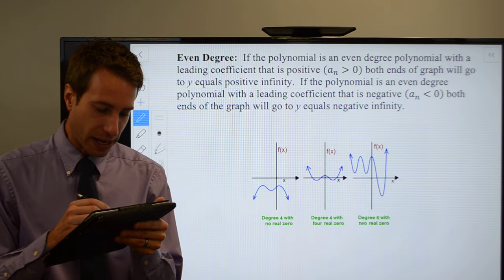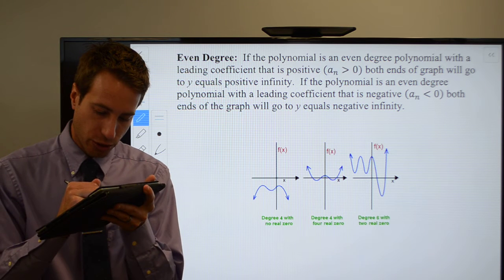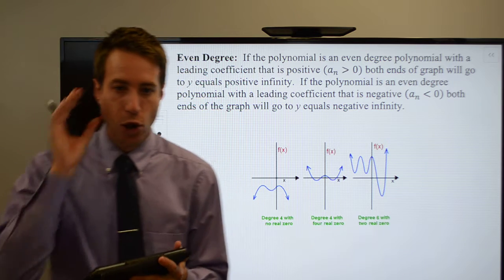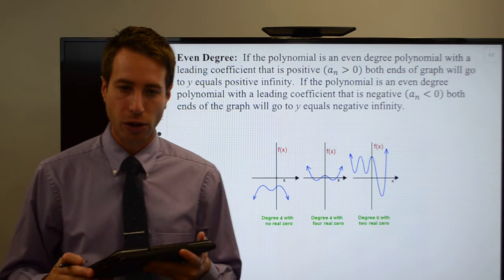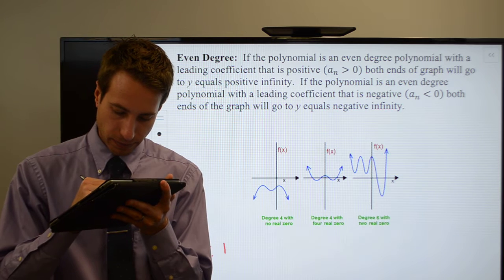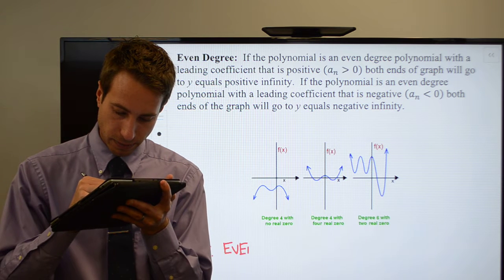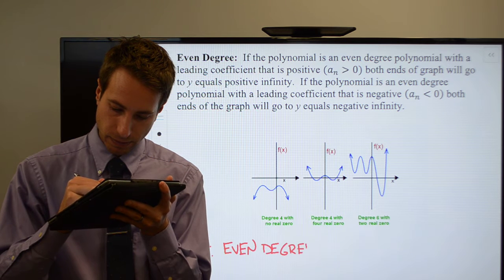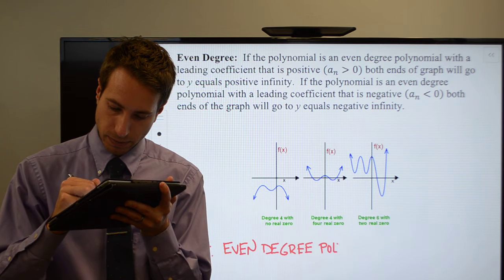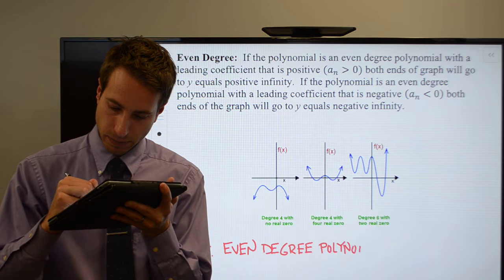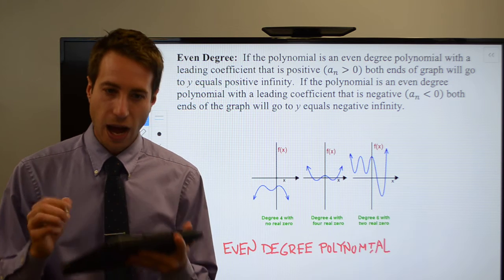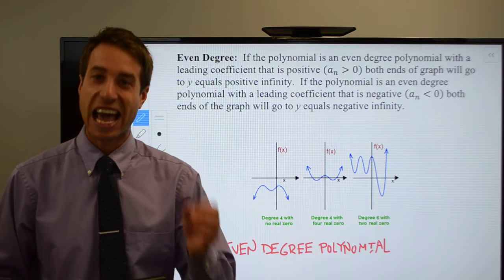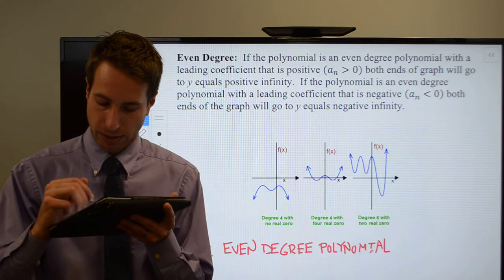What I want to do is point out one more quick little note to you guys here, and we'll write it right here. This is a really important note. When you have an even degree polynomial, an even degree polynomial must cross the x-axis an even number of times.